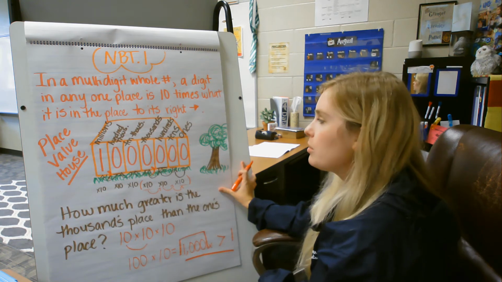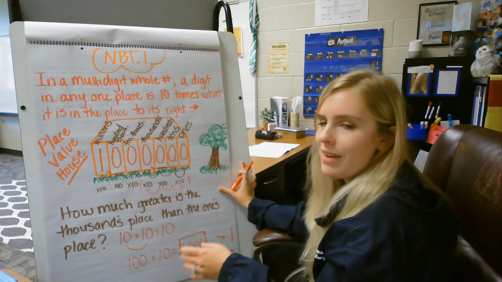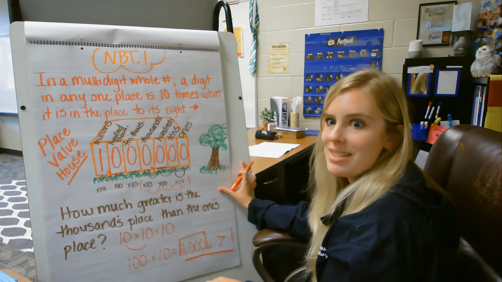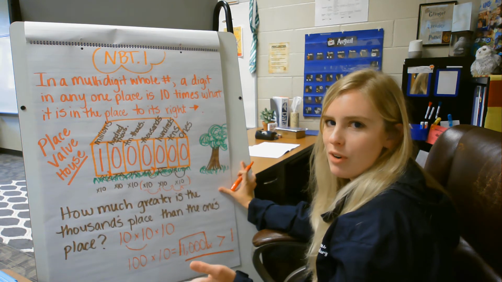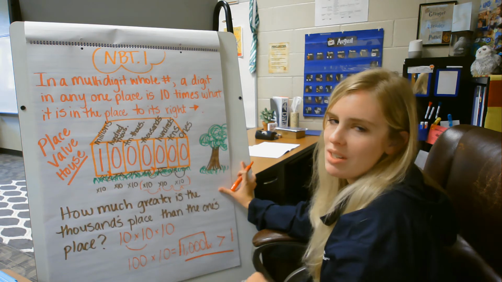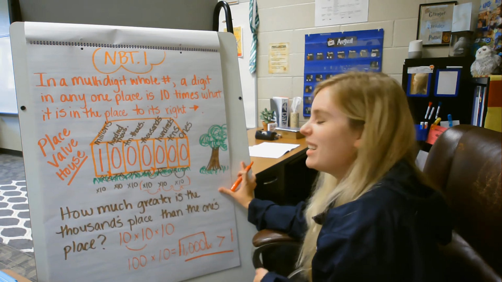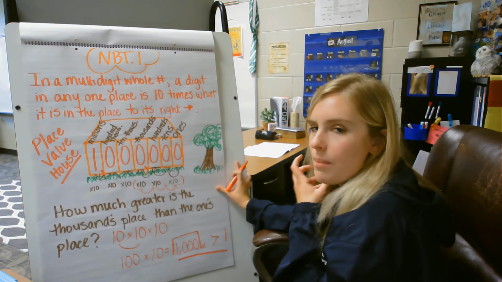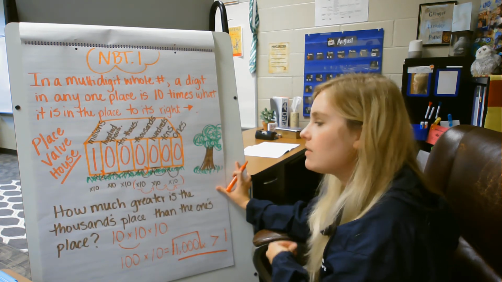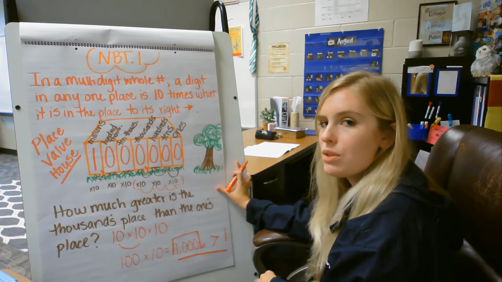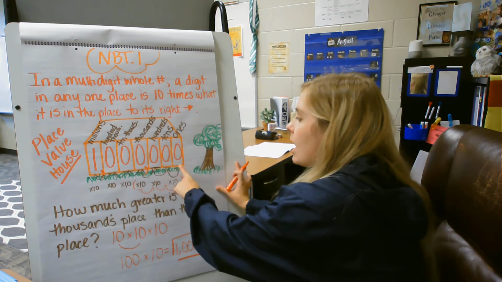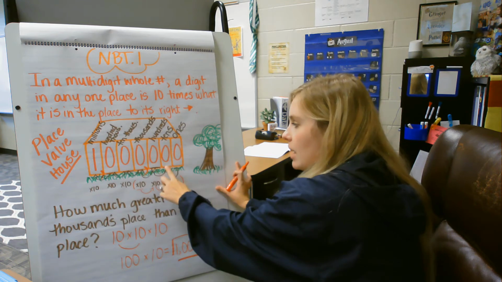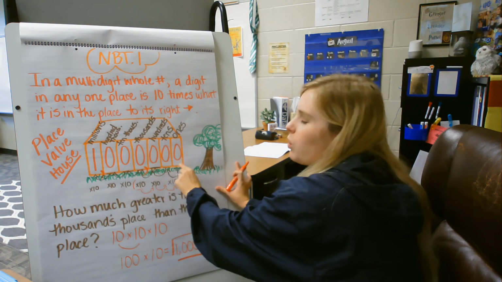Right? I picked a very simple example because if I ask you how much greater is 1,000 than 1, you're going to say it's 1,000 times greater, right? Because going from the ones place up to 1,000, that's just 1,000 greater than 1, right? So I chose a simple example so that you can really try to understand this place value house. But again, as long as you remember that each time you are jumping from one place value to the very next, this place value is going to be 10 times bigger than the one you came from.